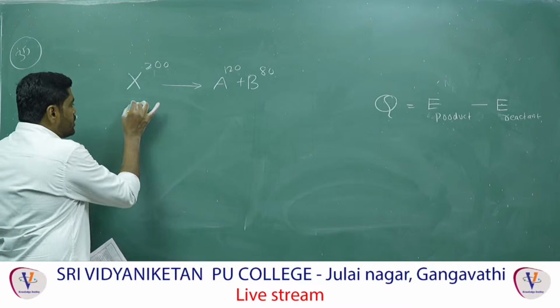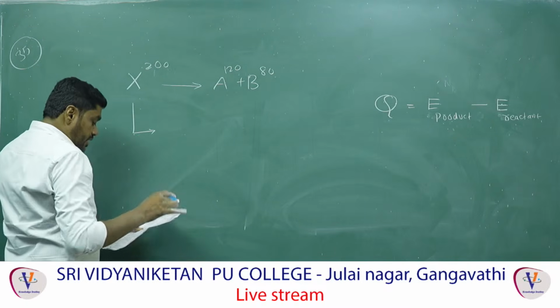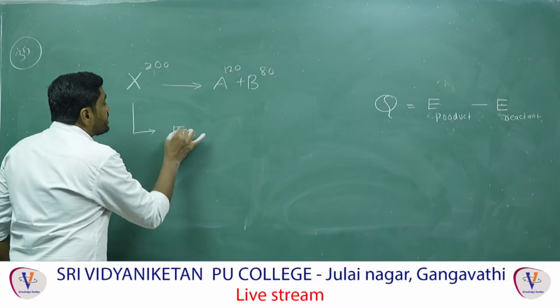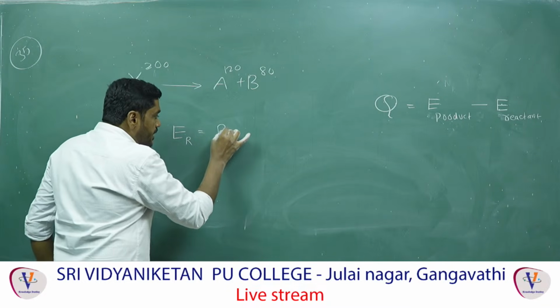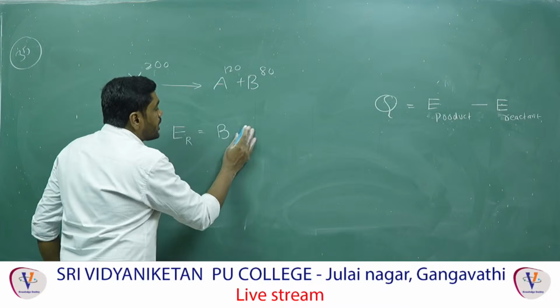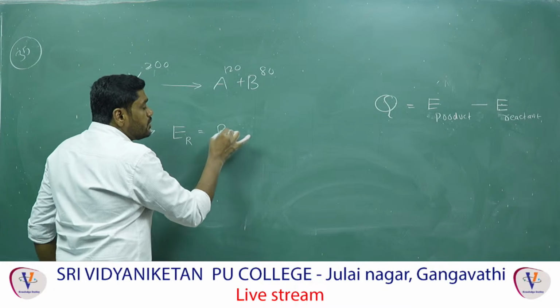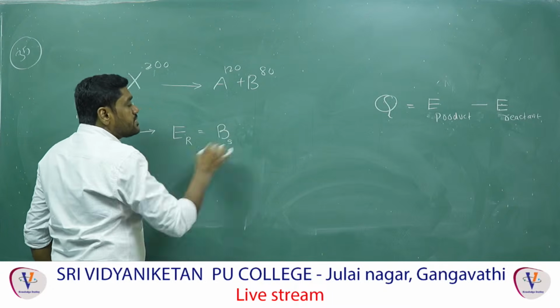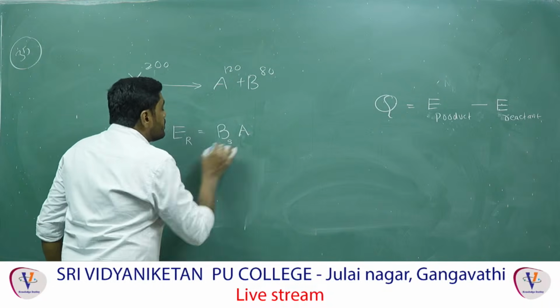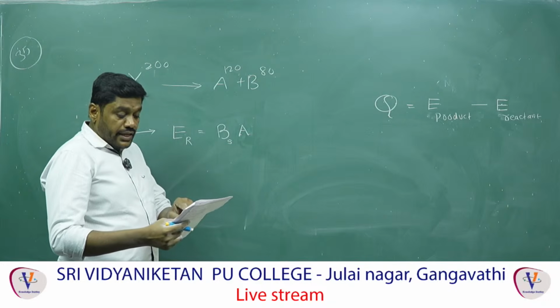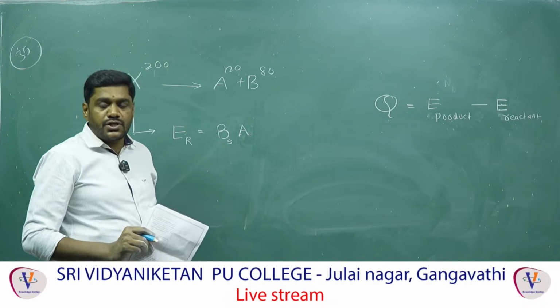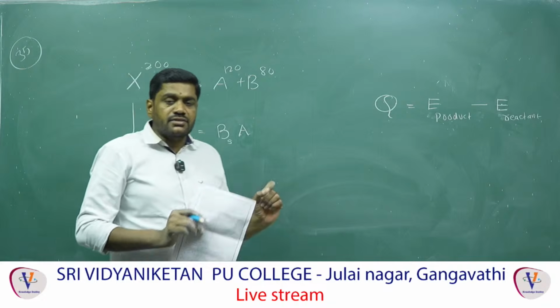So for the reactants, the energy is ER. The binding energy per nucleon is called the specific binding energy, BS, and the energy is BS times the mass number. Remember this formula, because 7.4 mega electron volt is not the binding energy.